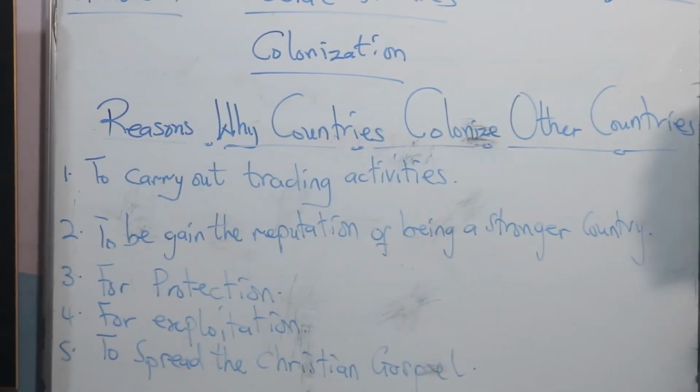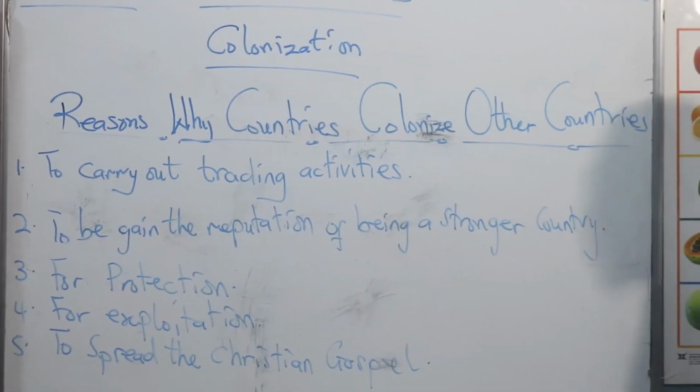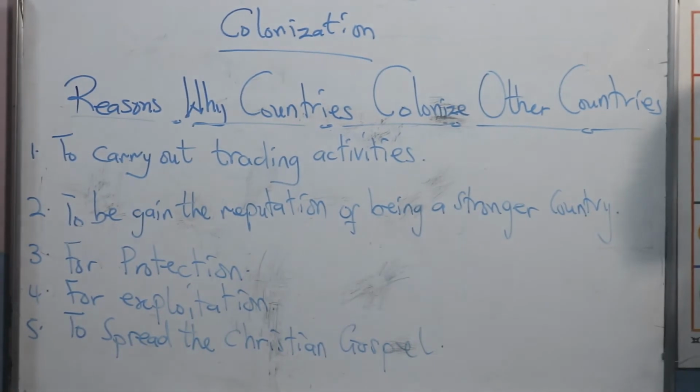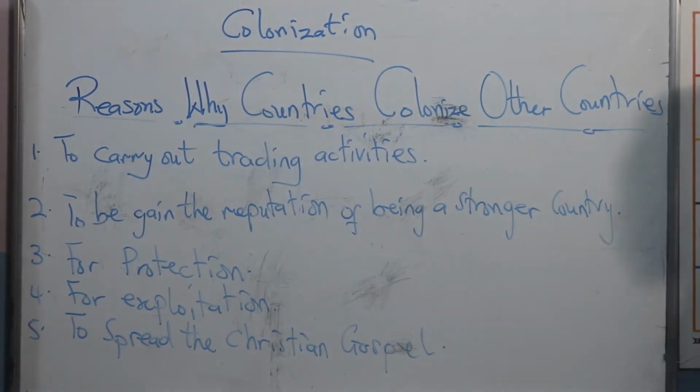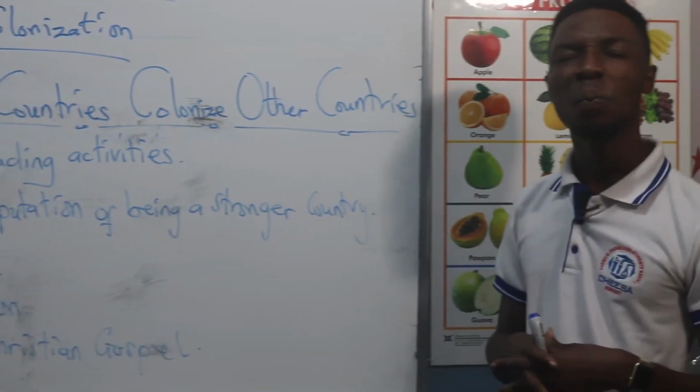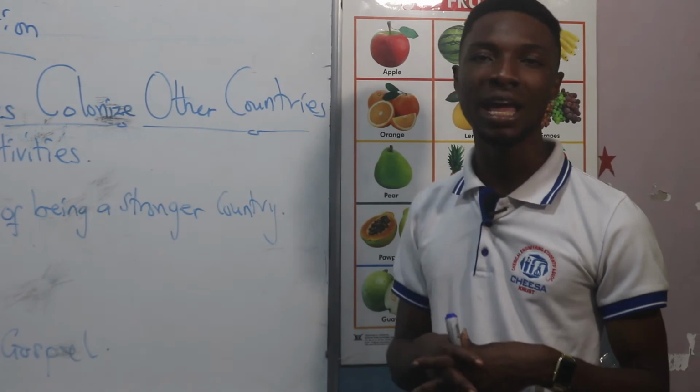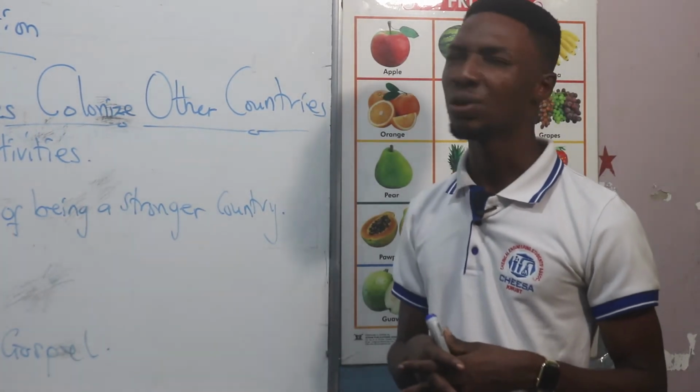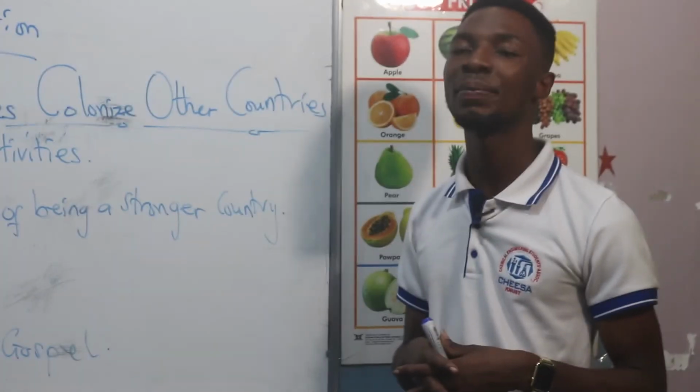to spread the Christian gospel. For example, the Europeans wanted peace to spread the European gospel in Africa because Africa was having a different religion. Most of African countries were idol worshippers, so they would not give way for any other belief.